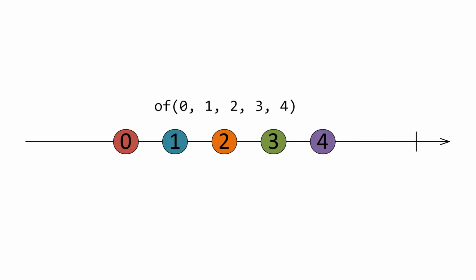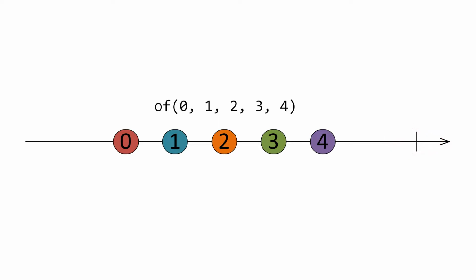So we've got the 5 of them there, 0, 1, 2, 3, 4. And then the subtle thing to notice about this particular diagram is that this is a diagram for an observable which terminates. So it goes through 0 to 4 and then just stops. And that's indicated by that little vertical line on the right across the main horizontal line, and that's what's showing us that this terminates.